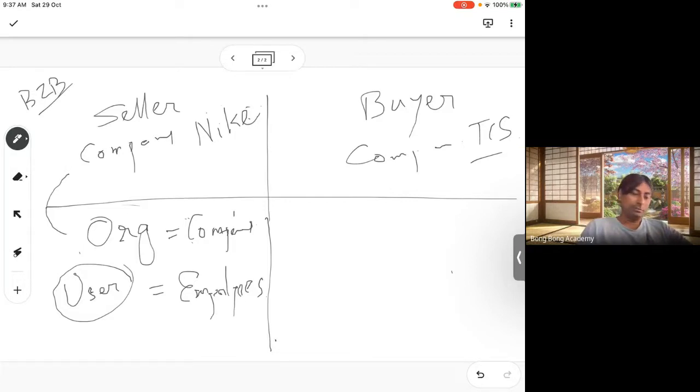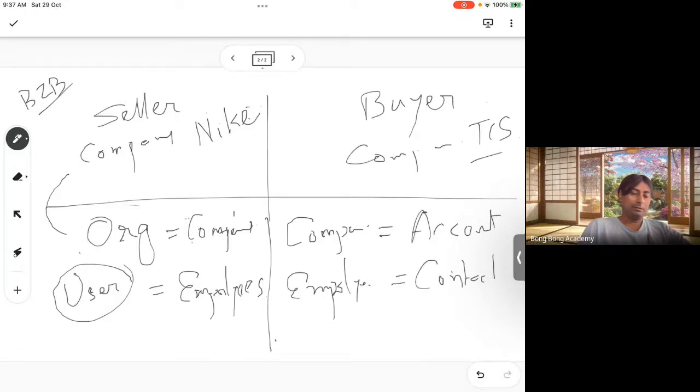The company is stored in a table called account, and the employees of that company are stored in contact. Okay, there are two tables. There is an account table and there is a contact table inside Salesforce.